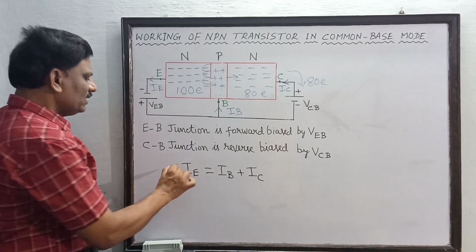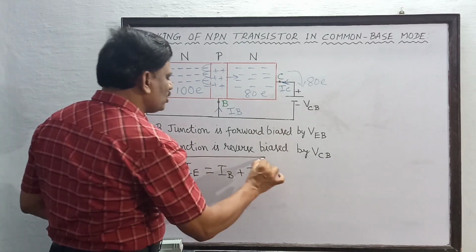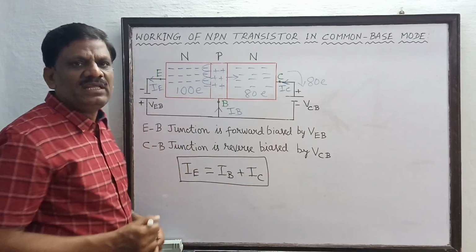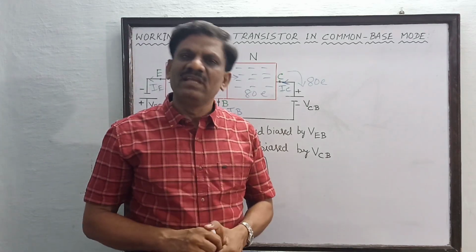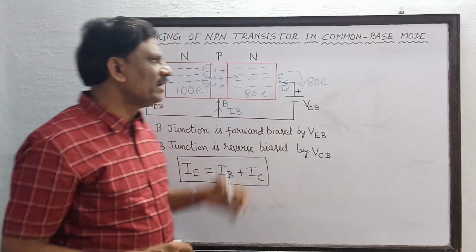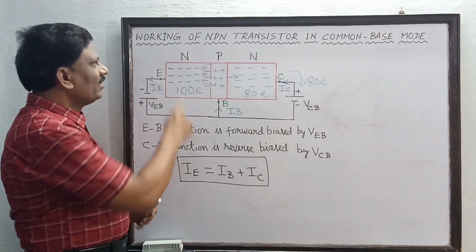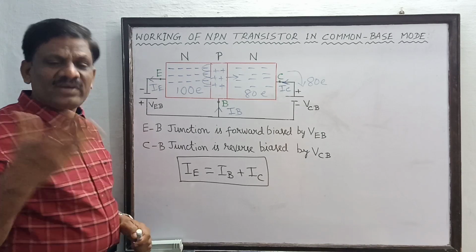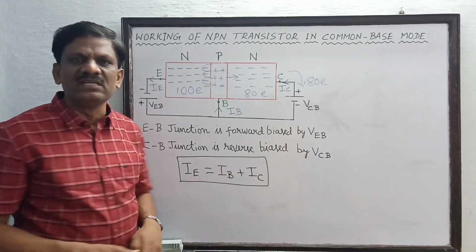Understand? So this equation, IE = IB + IC, is true for any transistor in any mode. We have discussed here the working of the NPN transistor. Even for the PNP transistor this equation is true.